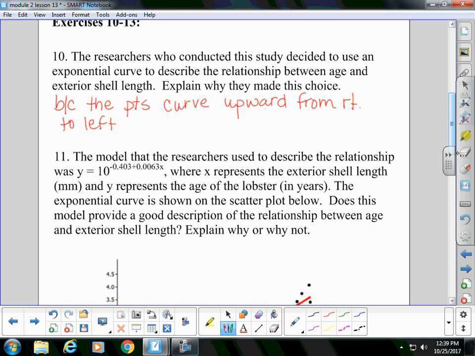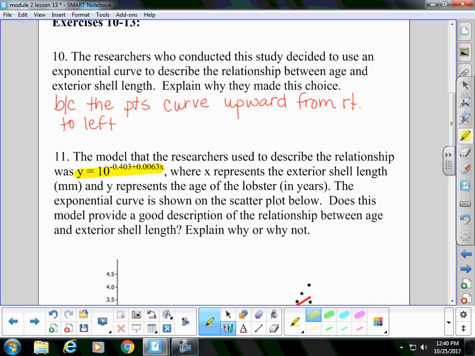Okay, the model that the researchers used to describe this relationship, next question, is y equals, this is how exponential models look, 10 raised to the negative 0.403 plus 0.0063x, where x represents the exterior shell length and y represents the age.